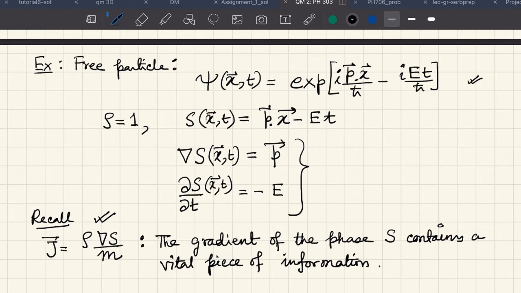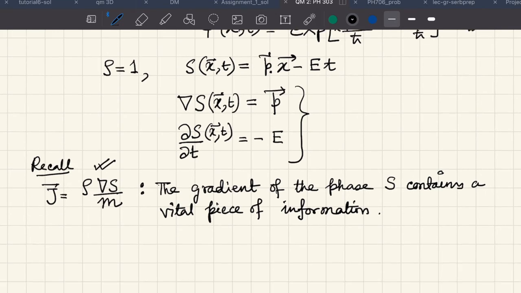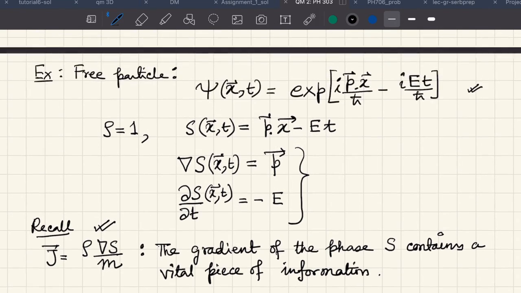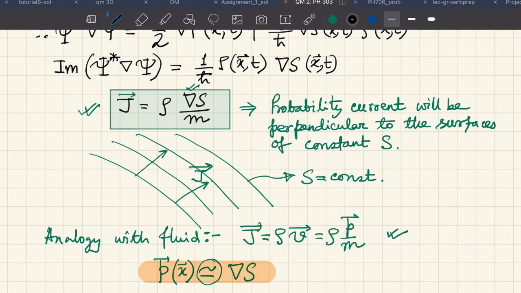Let us also make sure that when we write down this gradient of S divided by M, it is very easy to call this some kind of velocity, simply because we had written here that J is equal to rho times V by analogy with fluid dynamics.